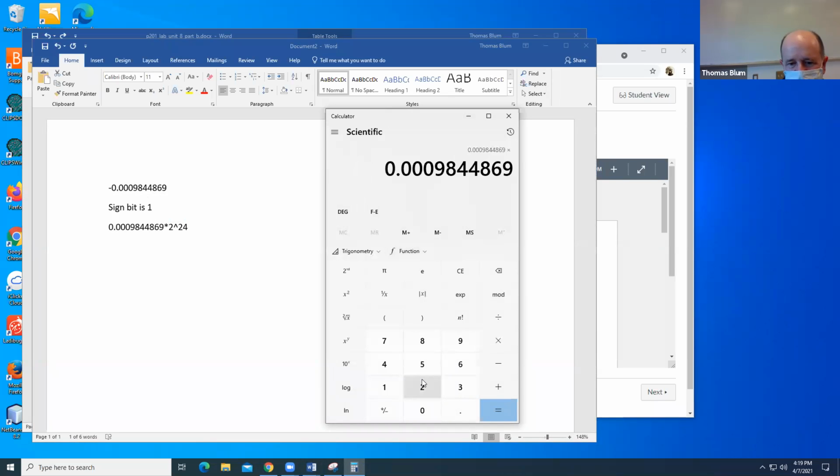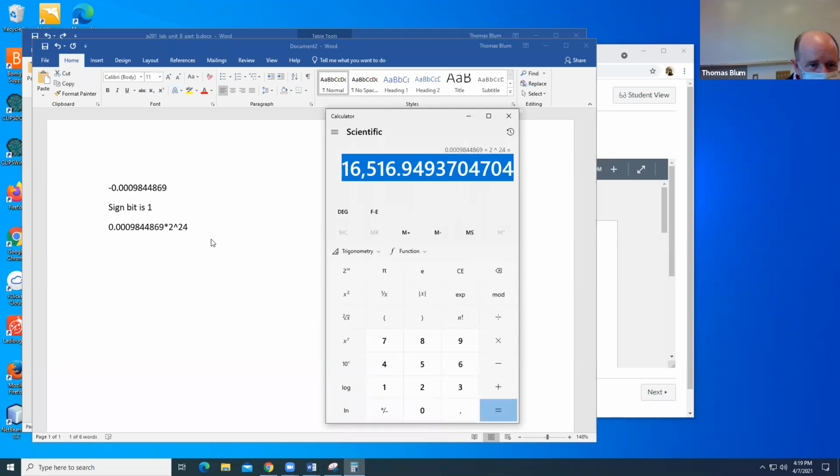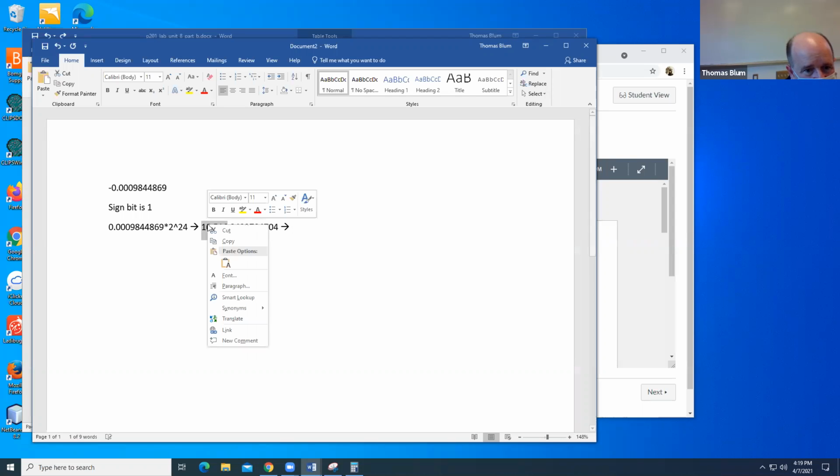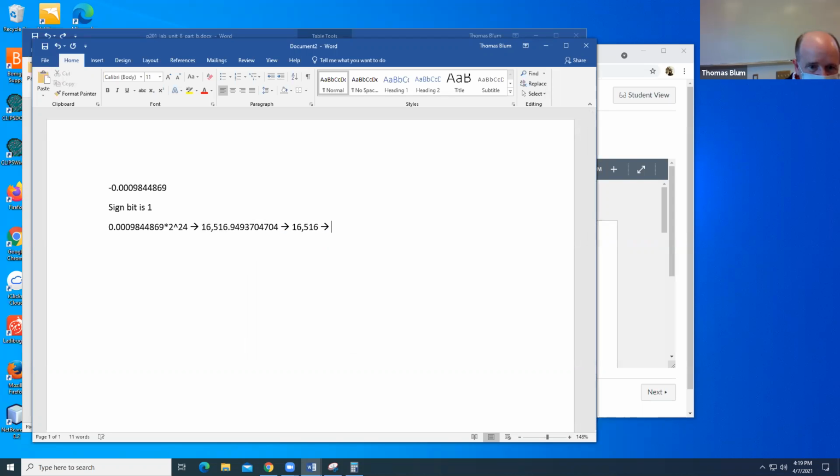I'm going to multiply it by 2 raised to the 24. That gives me this. Control C. And then I'm going to take just the whole number, so I do a truncation.